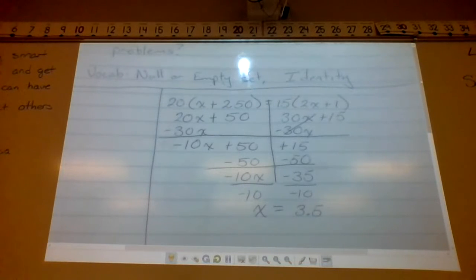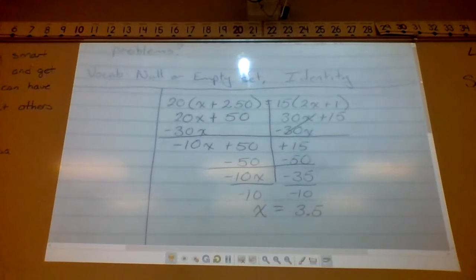You get 1 for distributing, 1 for subtracting 30x, 1 for subtracting 50, and 1 for dividing by -10. Then you get 1 for a check. Okay? You gotta start doing your checks. If the instructions say check, you get a point for it.